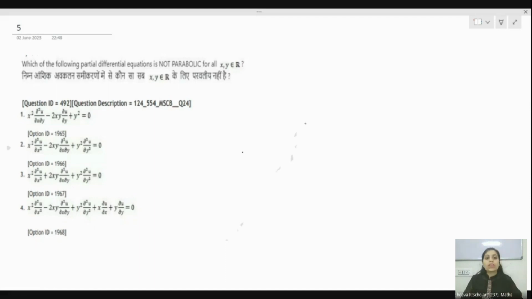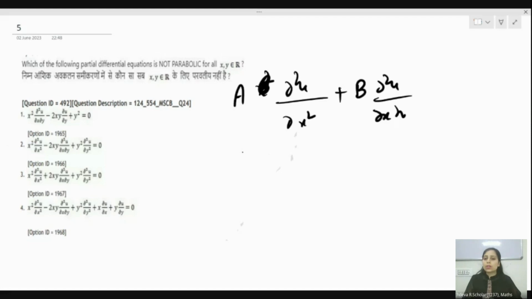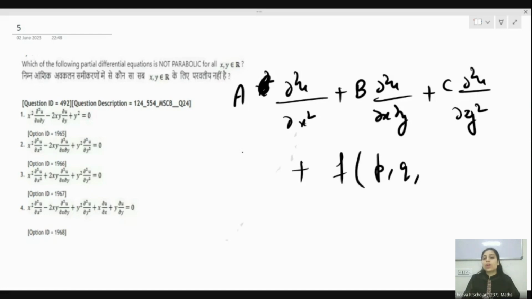The given equation will be like this: suppose, curly 2u upon curly x square as A, plus B curly 2u upon curl x curl y, plus C curly 2u upon curl y square, plus some other first order derivatives. It can contain functions of first order derivatives, or x, y, z, is equal to 0.